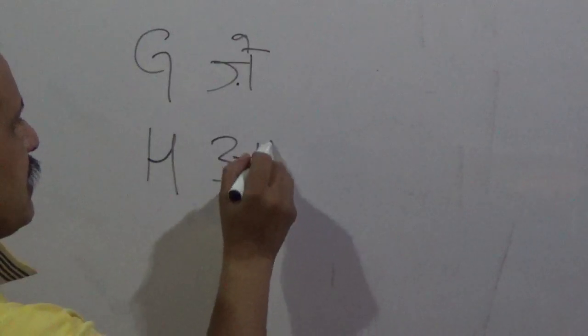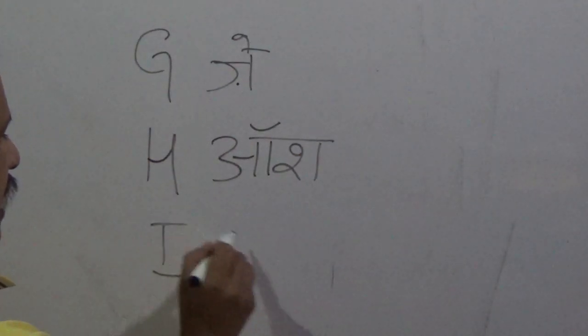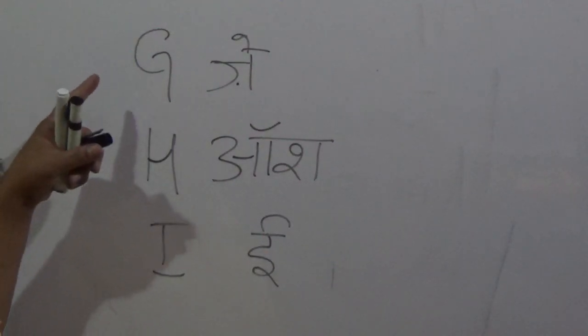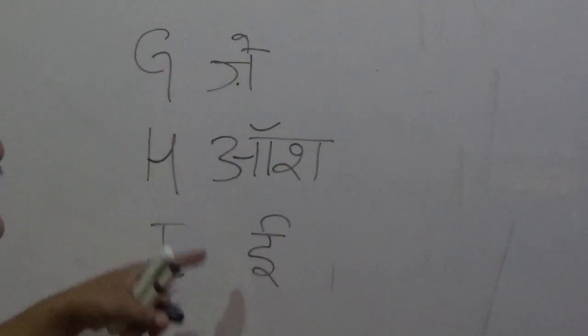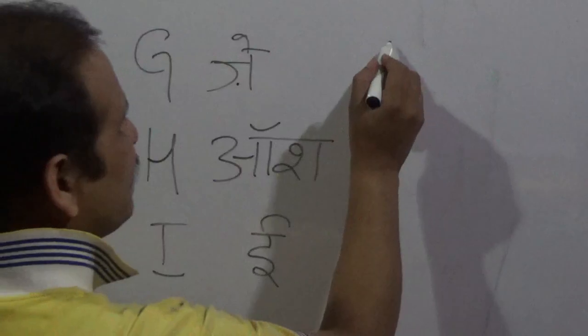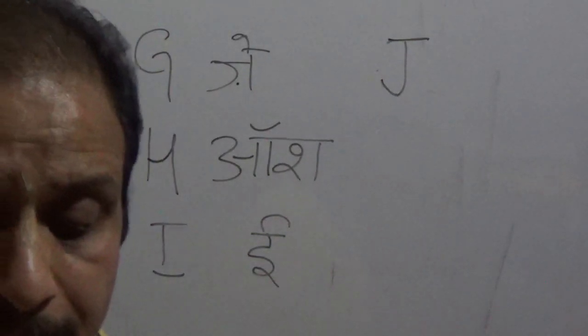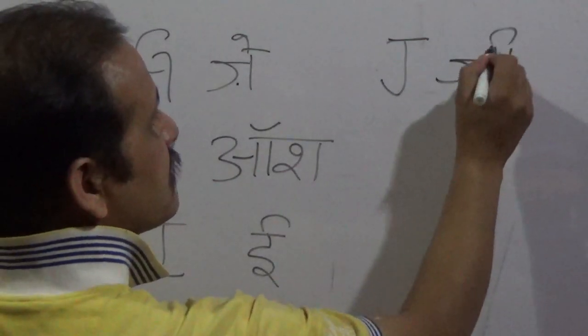H is Osh. I is E. So G, H, I in English, and in French J, Osh, E. And then J. Something which is Z in English, but in French you will read it as Z.